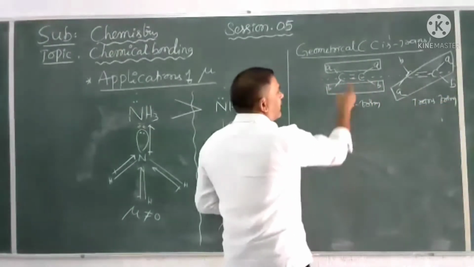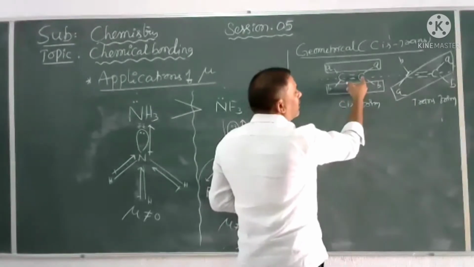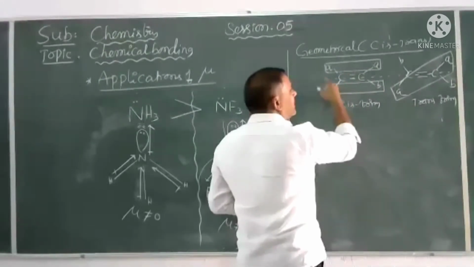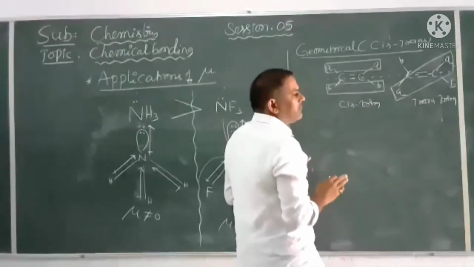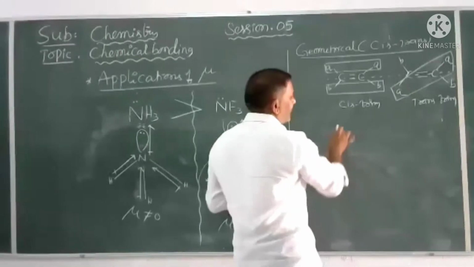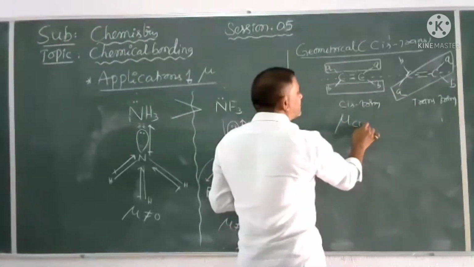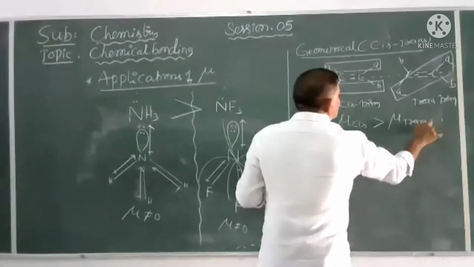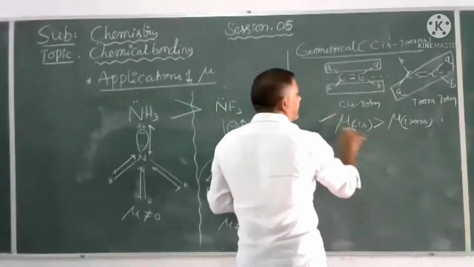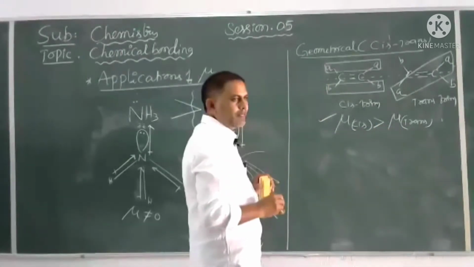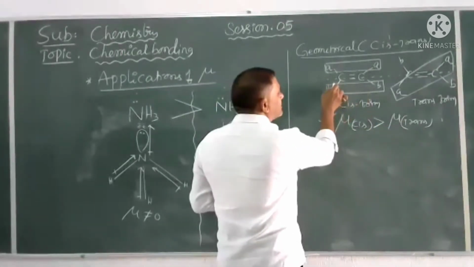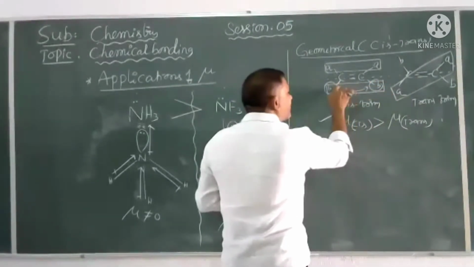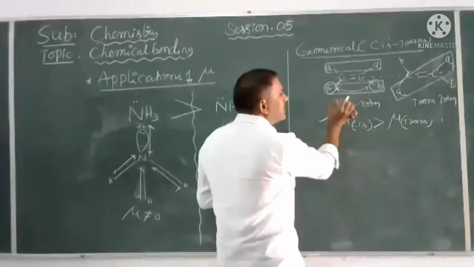Generally, when one double-bonded carbon atom contains A and B and the other carbon atom also contains A and B with the same electronegativity elements, the dipole moment of the cis form is greater than the dipole moment of the trans form. Cis means the same groups lie on the same side. Between these two same groups there is a moment, polarity exists.